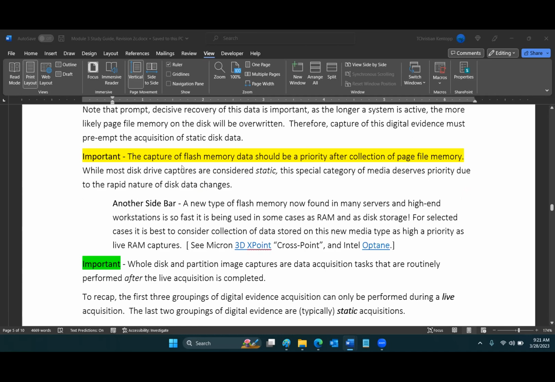Oh, okay, so capture of flash memory data. We did mention 3D crosspoint, right? Didn't we say it's kind of like a hybrid between RAM and solid state disk? And we don't have system architecture that's yet designed to revise and update the classic John von Neumann computer architecture model, where you have RAM on one side of the CPU, on the north side bridge.